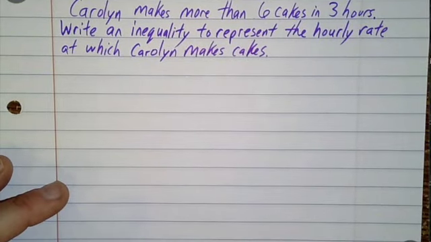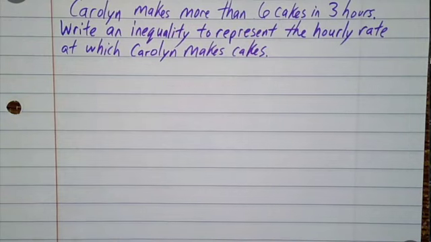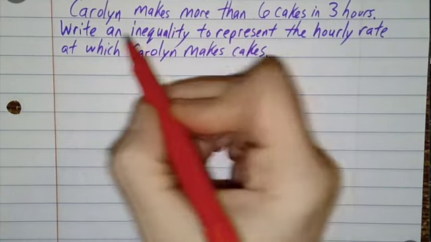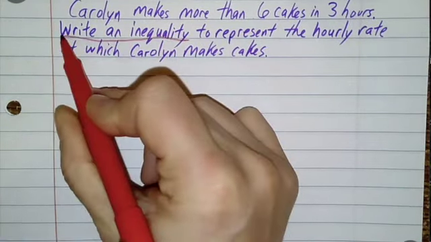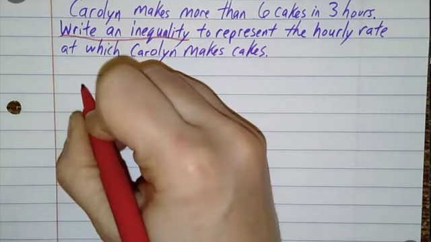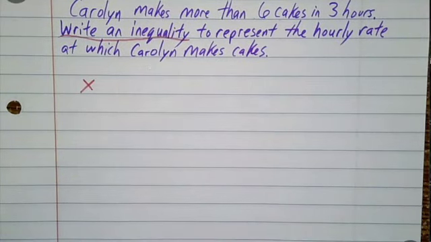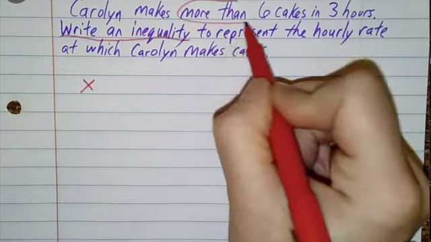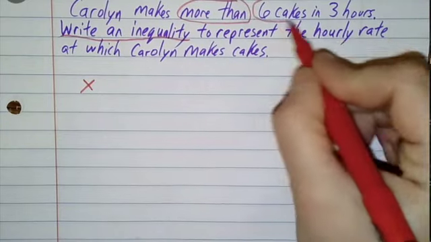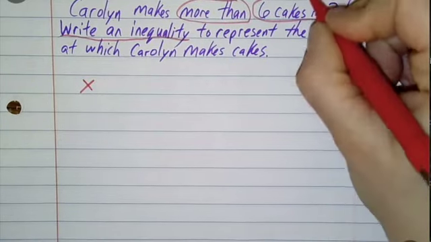So you need to make sure you're writing the story first, and then we've got to figure out what our clues are. Do they give us a variable to use? We're writing an inequality, so we need to write the variable first. So maybe you want to say x for our variable. She makes more than, and then they give you 6 cakes in 3 hours, which is the ratio.